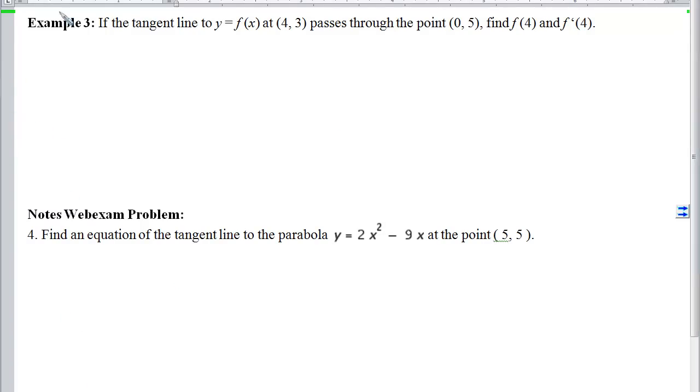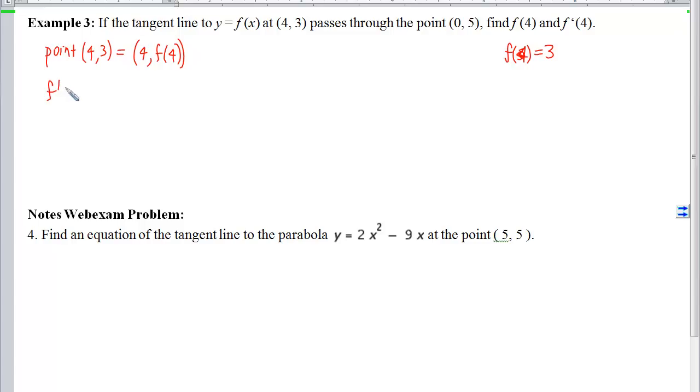With example 3 now, it says if the tangent line at the point (4, 3) passes through the point (0, 5), we want to find f of 4 and f prime of 4. So we know that the point (4, 3) actually comes from 4 and the output that belongs to 4. So right now we can already see that f of 4 is going to be 3. So the only thing we need now is f prime of 4.